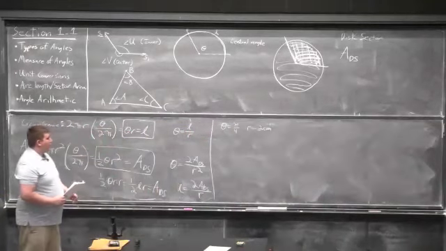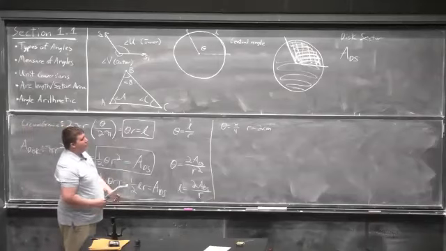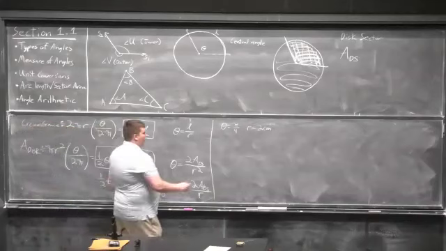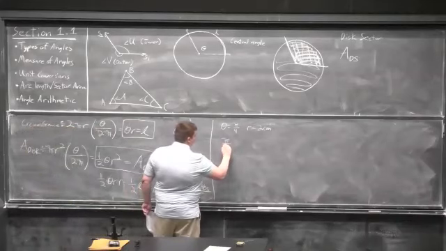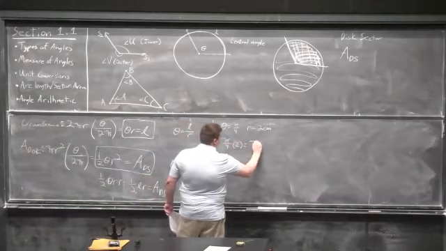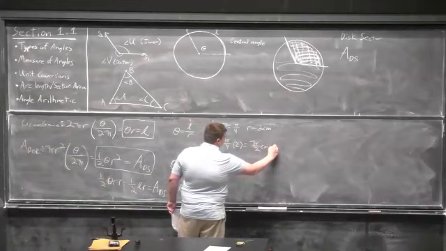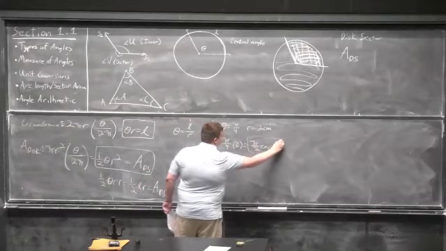Well, we look at our formula and we say, okay, theta times r equals L. And so we have, sorry, pi over 4 times 2 is equal to pi over 2, and I'm going to denote this as centimeters. That's my arc length.